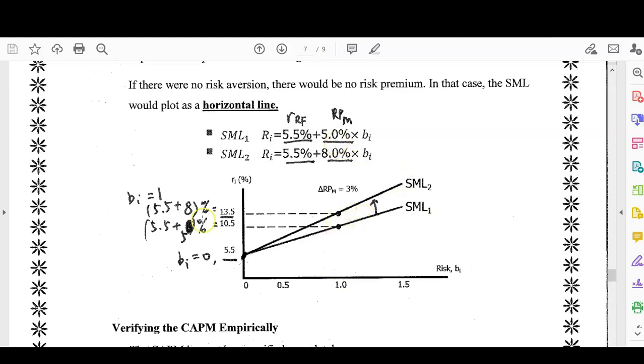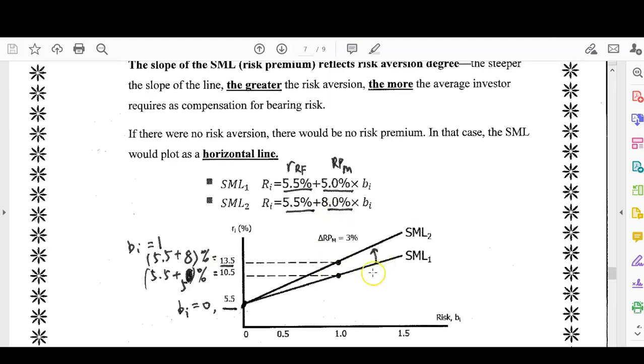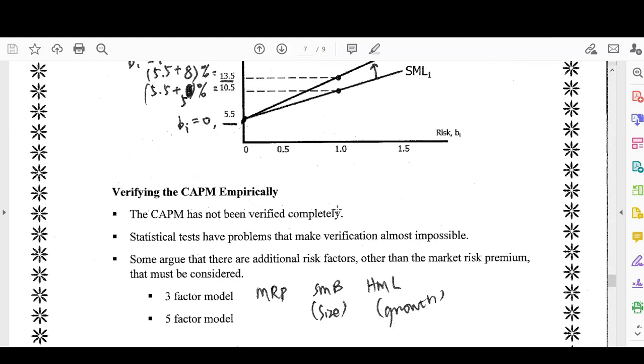When beta is 1, RM also goes up to 13.5%. So this is the second change on the SML. When investors become more risk averse, the slope of the line goes up when market risk premium goes up. So that's the two changes on SML.